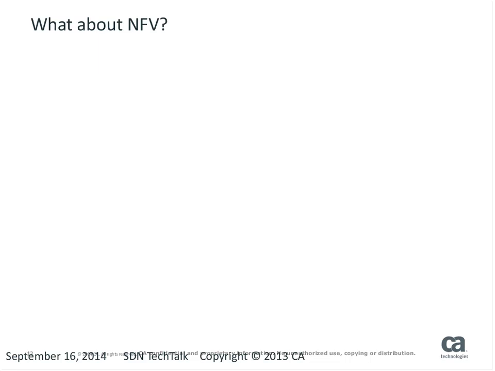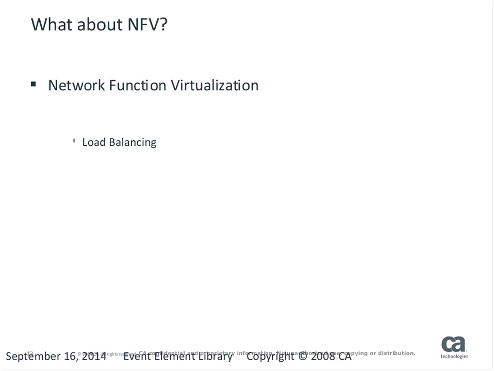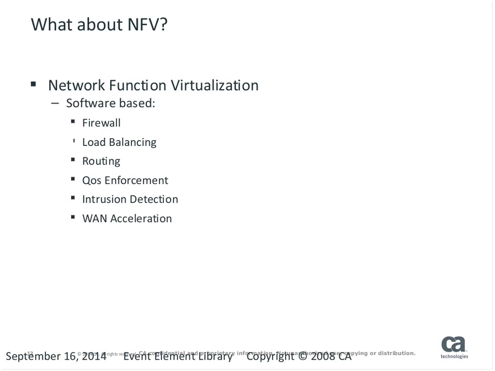So NFV, in the puzzle slide from 2014, we identified NFV, Network Functions Virtualization, as one of the key and hot aspects of SDN. It allows software-based firewalls, load balancing, routing, QoS, intrusion detection, WAN acceleration, any of these technologies that are typically appliance-based that live in routers or appliances on the network.